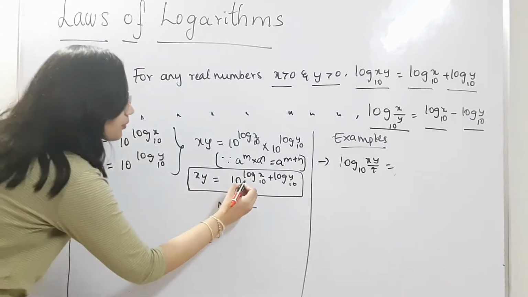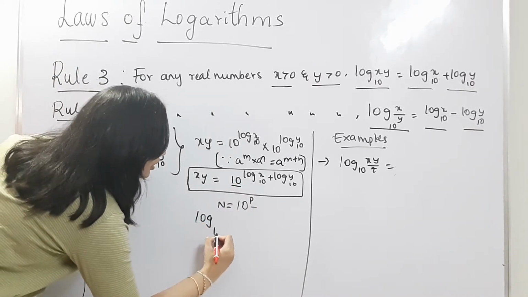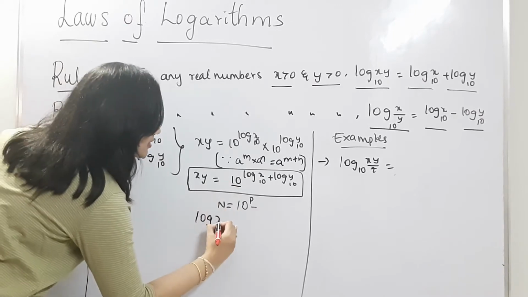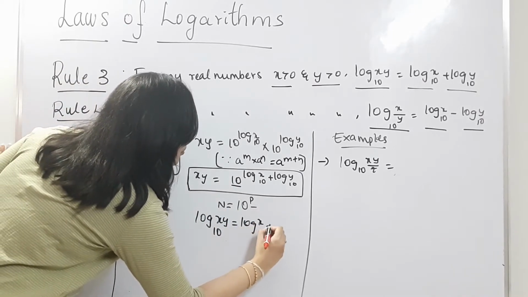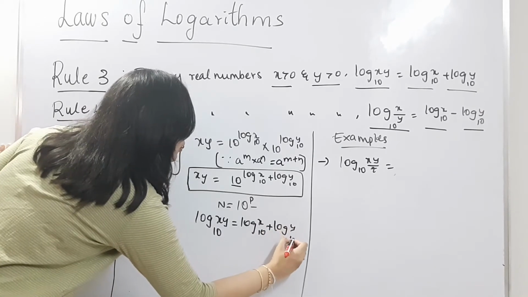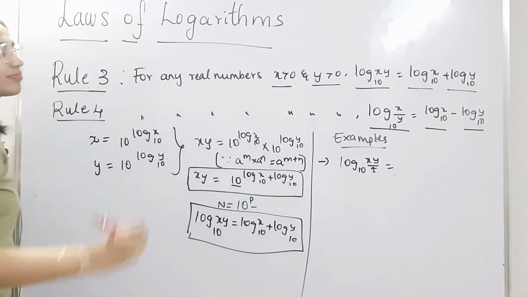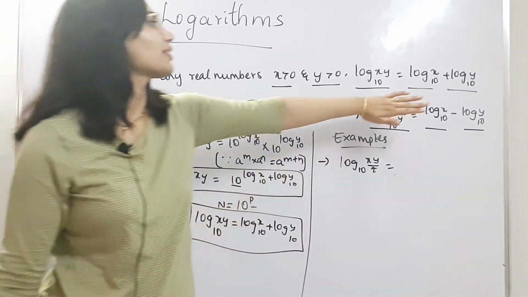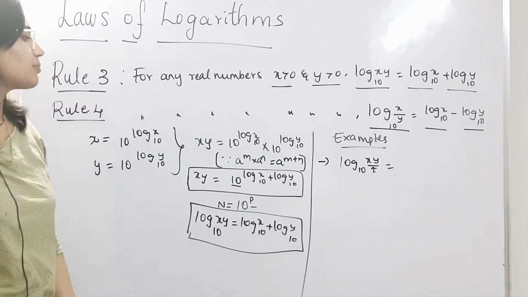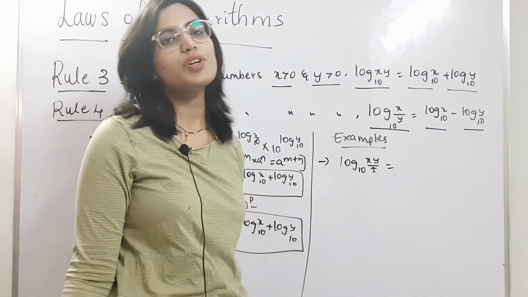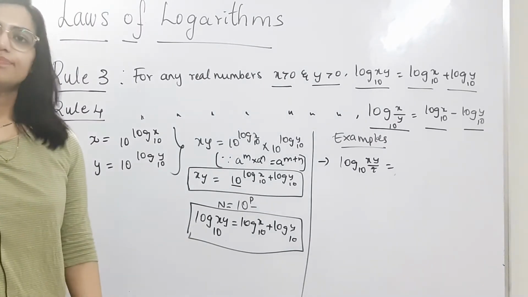So we'll take 10 as base. We'll get log to the base 10 of xy is equal to log x to the base 10 plus log y to the base 10. So this is nothing but this. This is how we prove that for any real numbers x and y greater than 0, log xy to the base 10 is log x to the base 10 plus log y to the base 10.